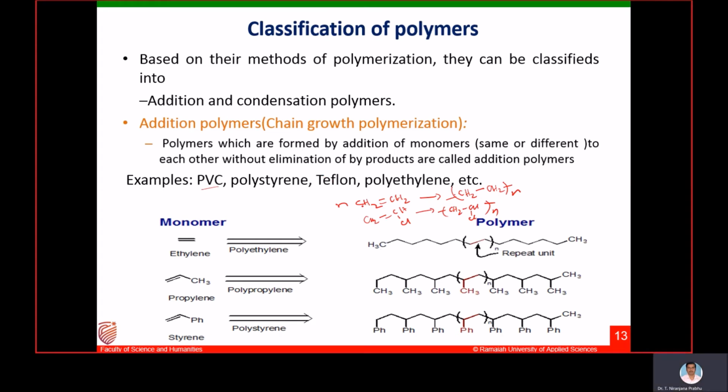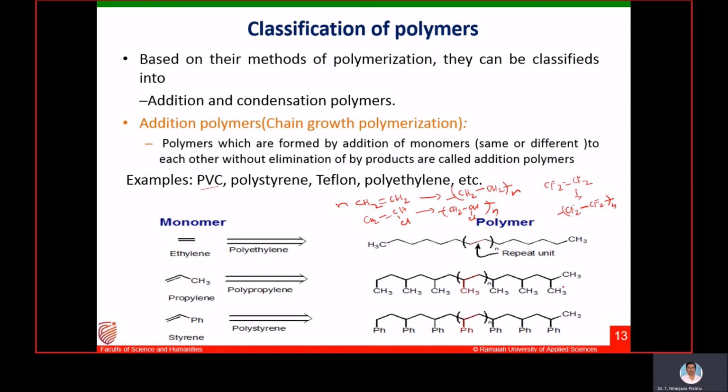In Teflon, all four H will be replaced by F. CF2=CF2 gives CF2-CF2, and chain growth continues. This is polytetrafluoroethylene, nothing but Teflon.